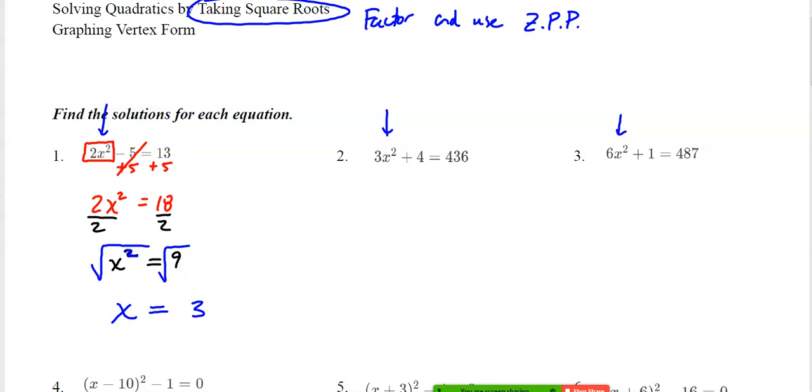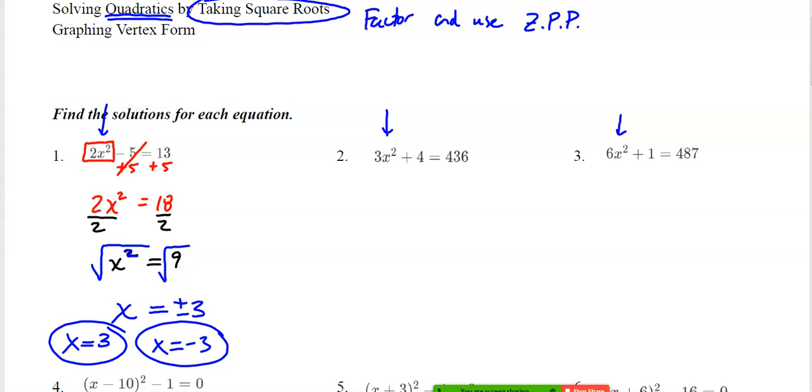But it's actually positive and negative 3. So you get 2 solutions, because these are quadratics, and quadratics have 2 solutions. Both of these answers, x equals positive 3 and x equals negative 3, are both going to make that equation up above true. So don't forget your plus and your minus on your square roots.